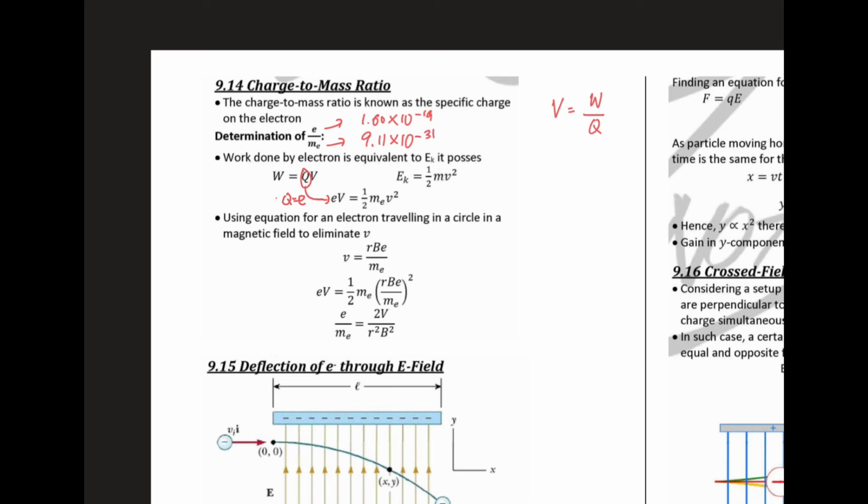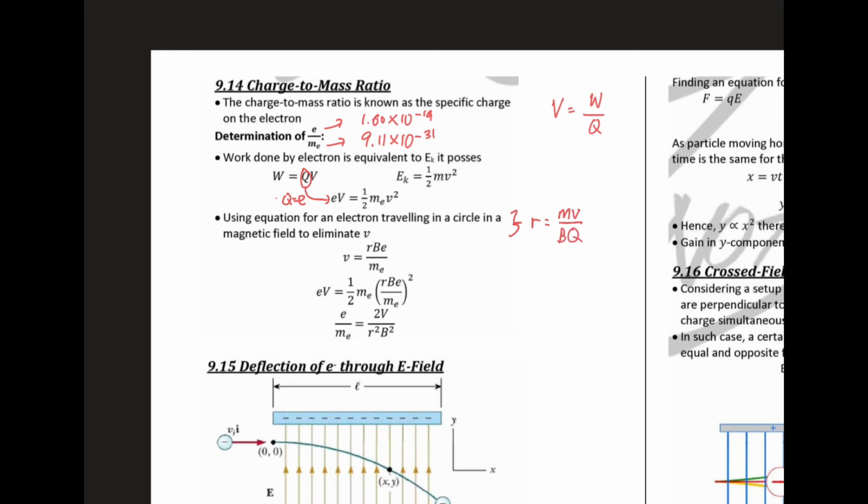Next point, using the equation for an electron traveling in a circle in a magnetic field to eliminate V. That means, when we learned this just now, we ended up with a formula, r equals mv over bq.